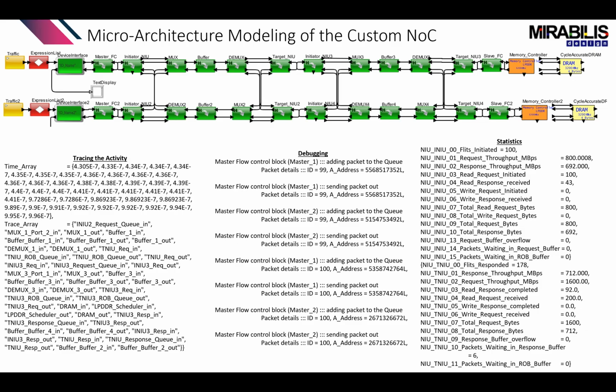Similarly, with debugging, you can see all the debugging details of what is happening in every block. In this case, the master flow control block is the one we're interested in. We added it out, and you can see what is happening through this particular component. And finally, you can generate all the different types of statistics that are required for your particular system. In this case, the NIU was our primary interest, the initiator and the target. So you can see what the statistics look like in those.